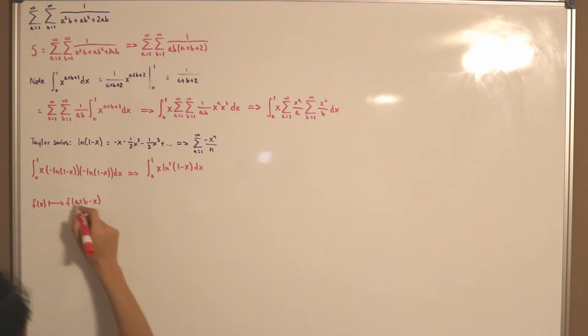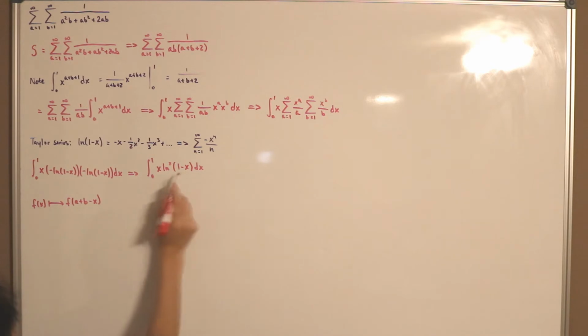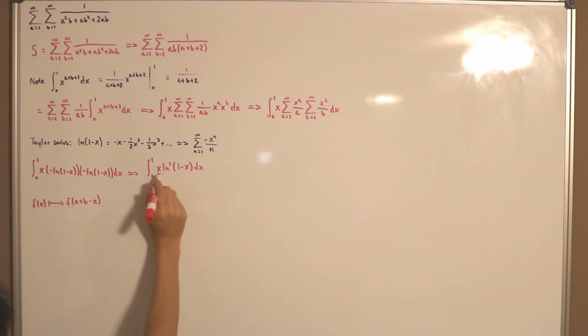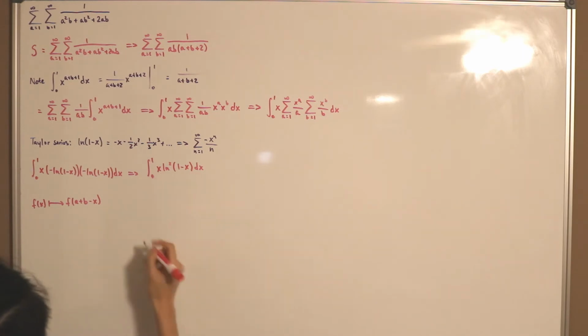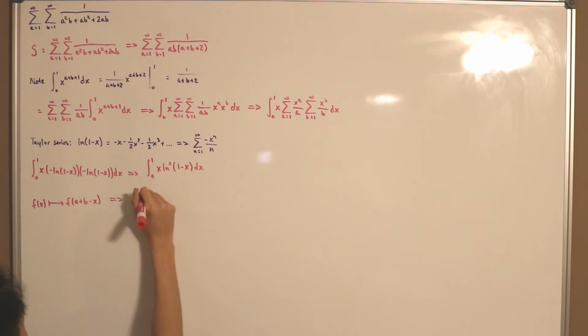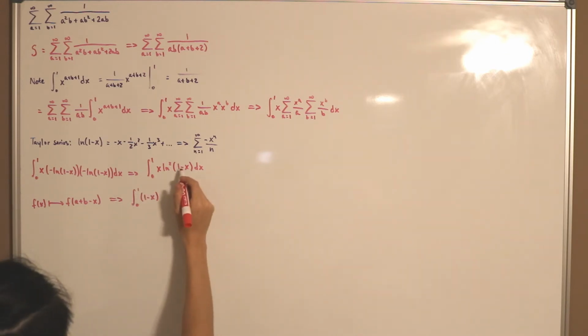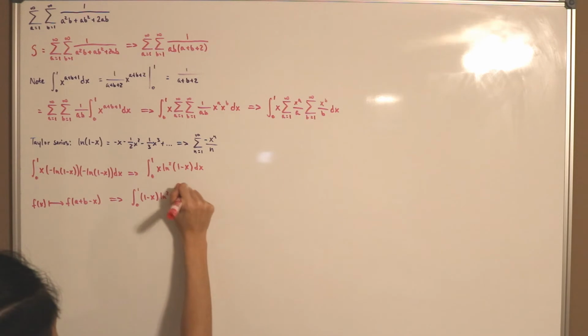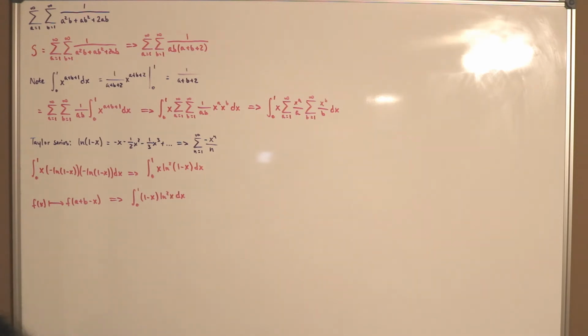This means everything for x here is going to be replaced with a plus b, which is 1, minus x. So all the x's will be replaced with 1 minus x. So when we do that, this is going to be the integral from 0 to 1 of 1 minus x, and then 1 minus x is simply ln squared of x dx.